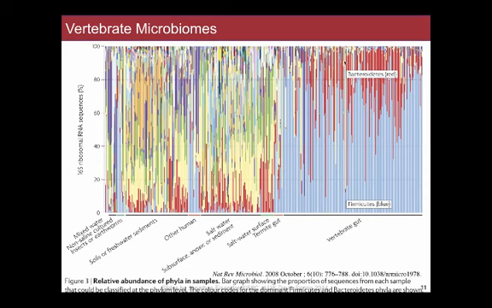So the vertebrate gut ecosystem is a very narrow representation of the total potential diversity that is out there in the world of bacteria.